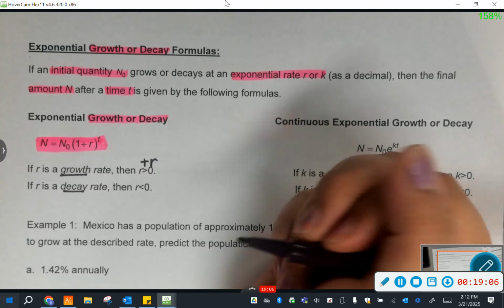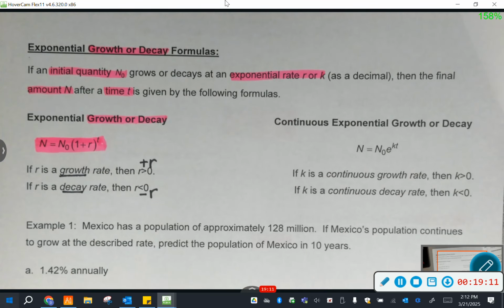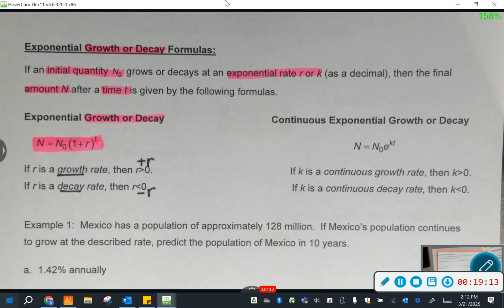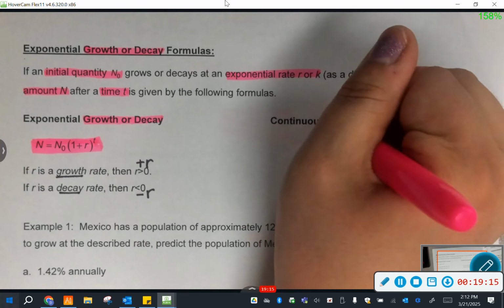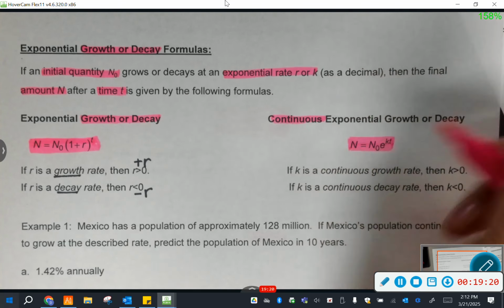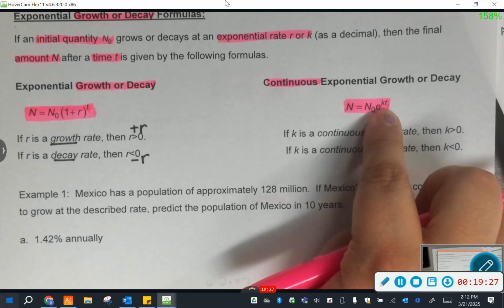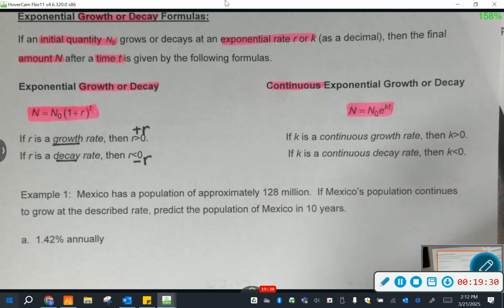And if it's decay, your rate is going to be negative. If you have continuous growth or decay, it's exactly like the last formula. This is still Pert. Are we using principal? No. And I don't know why they use K instead of R, but same process. Your rate will be positive if it's growth. Your rate will be negative if it's decay.